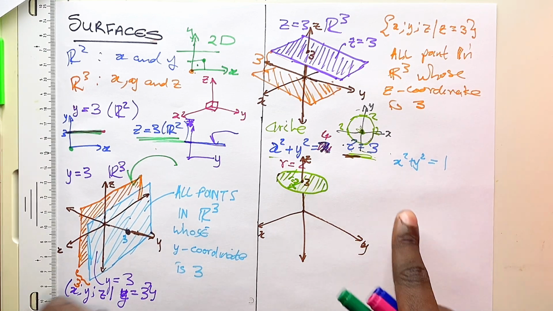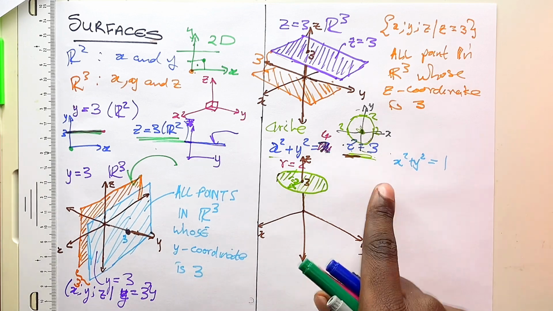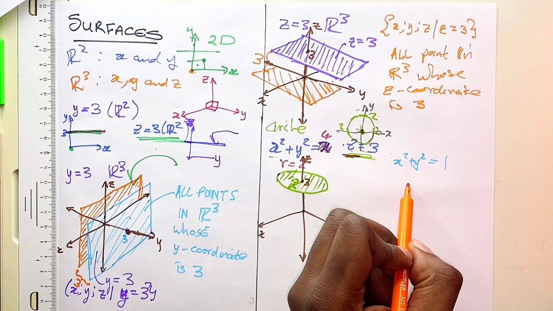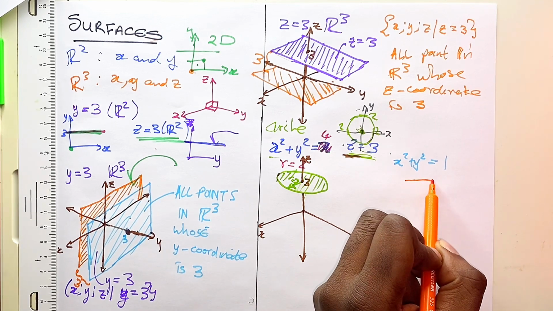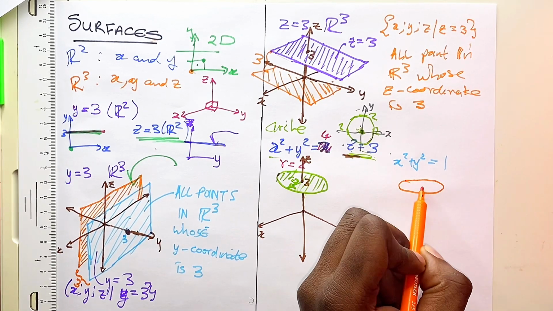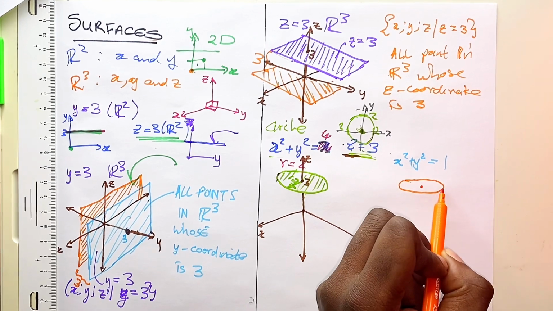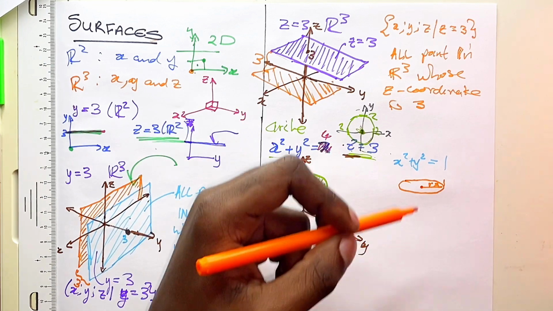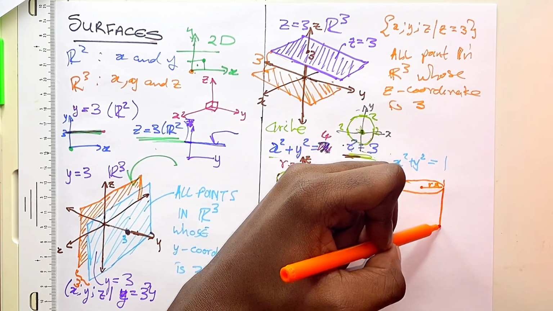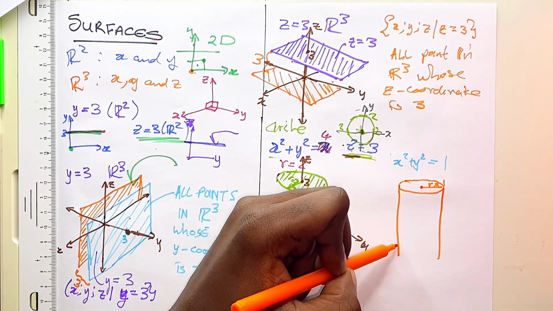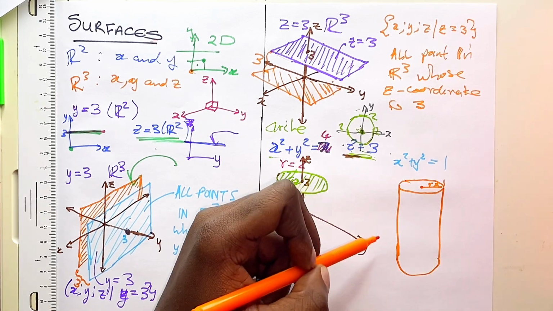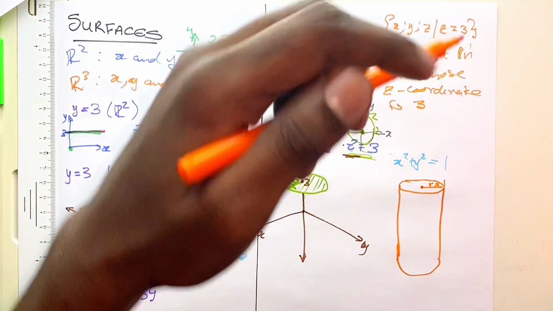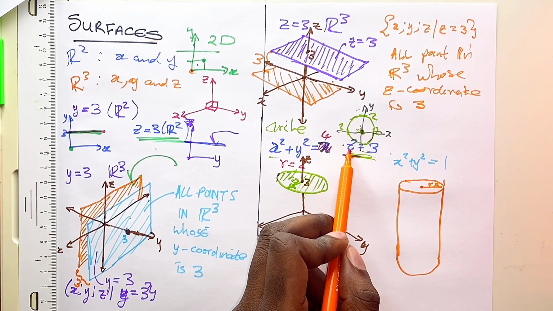Take for instance x squared plus y squared equal to 1. It will be a circle like this with a radius of 1. Your radius is 1. But because it's in 3D, it will occupy that entire space. It will go for infinity all the way down and all the way up, because we don't know the bounds of z.